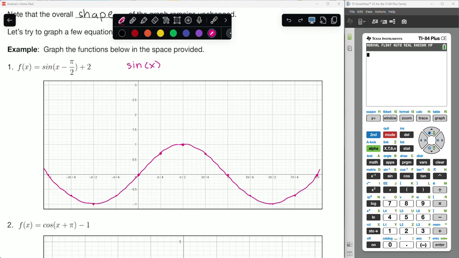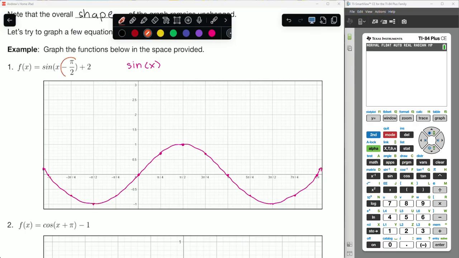Now looking at the equation, I see two changes. I see a horizontal translation here, and I see a vertical translation here. So I'm going to do these in two different colors. Let's do orange and blue.